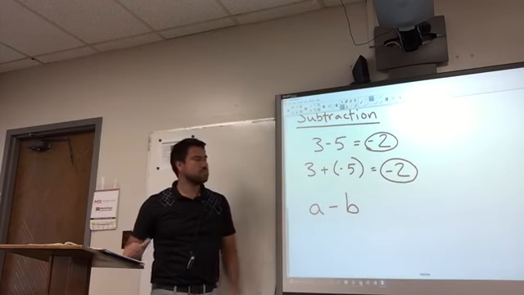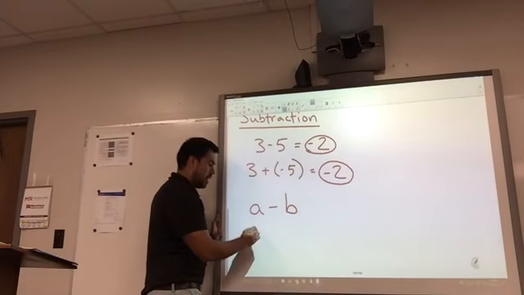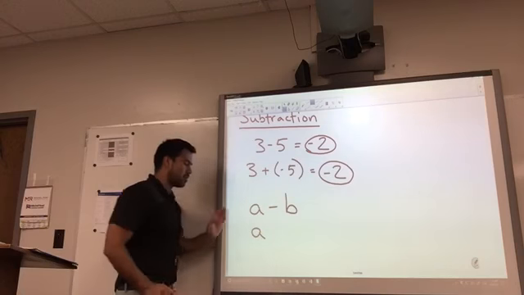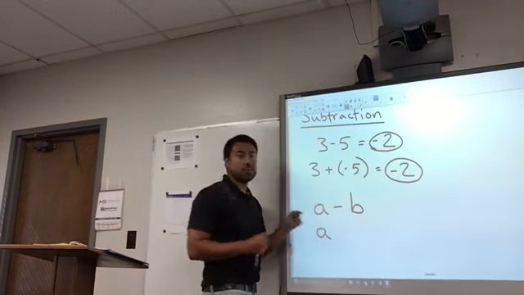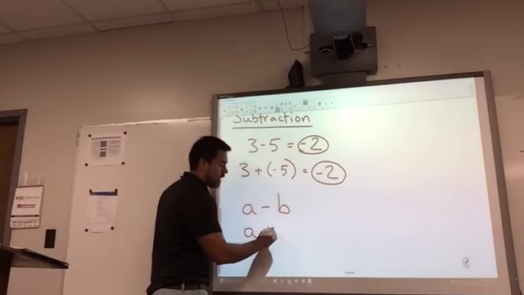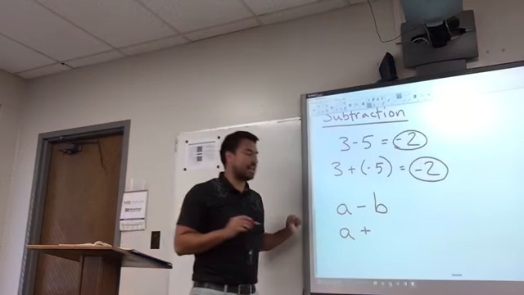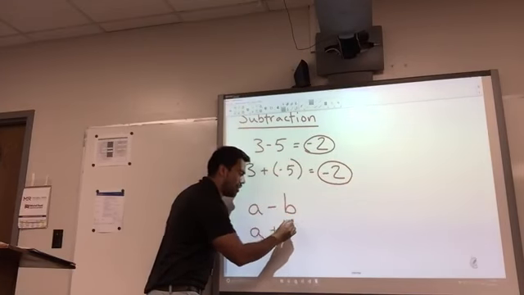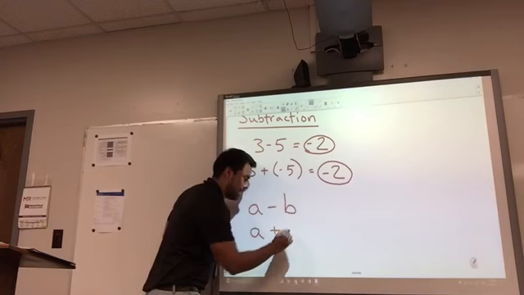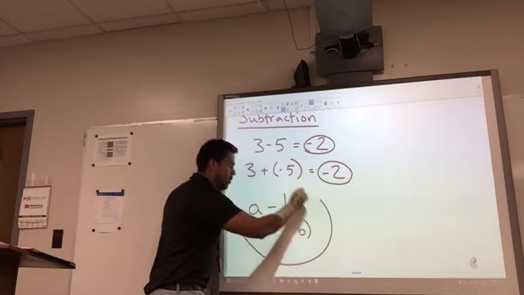I want to change it to addition, so this is what I have to do. I'm going to keep the same first number. A stays the same. Instead of subtracting, I want it to add. But in order to add, I have to get the additive inverse of the second number. What's the additive inverse of b? Negative b. And these two are the same thing.